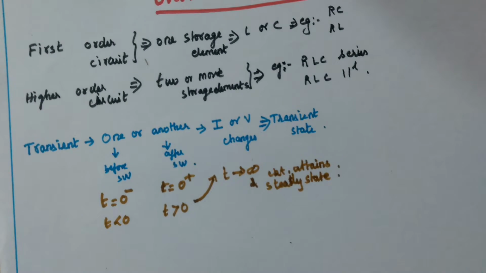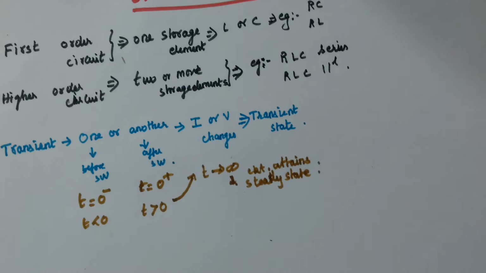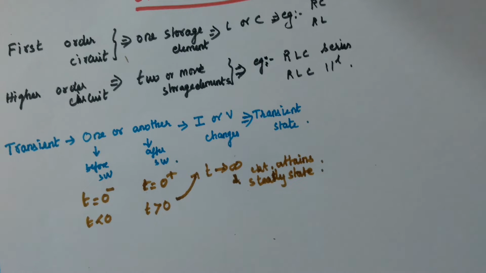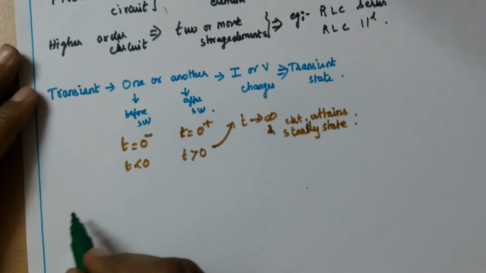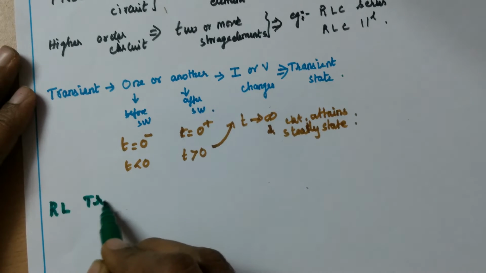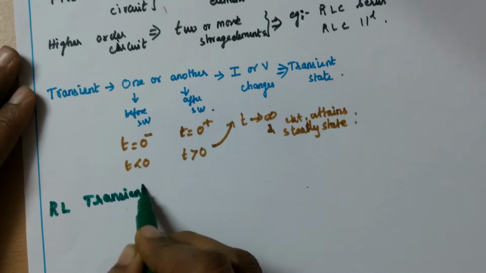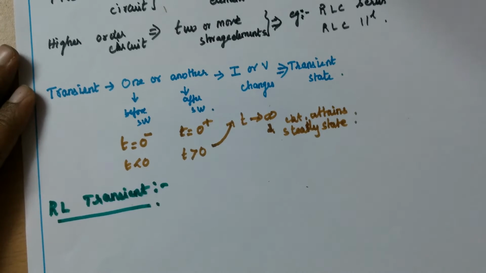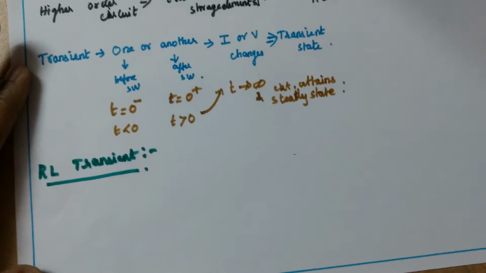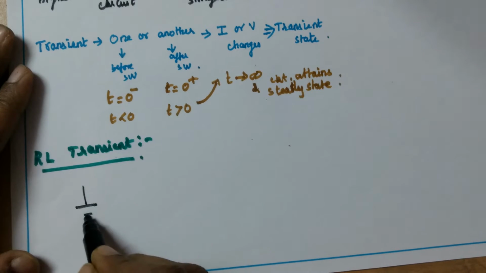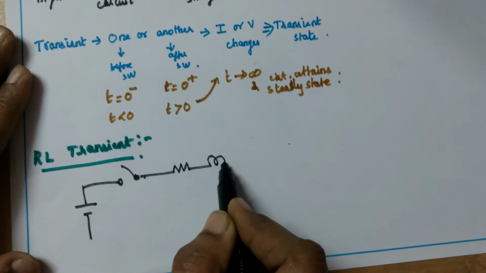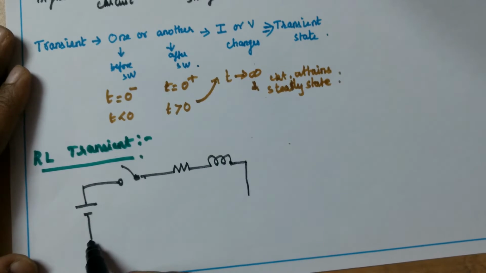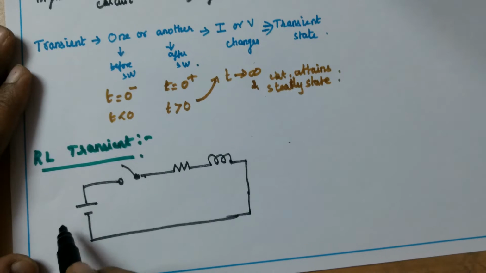So this we know. Let me discuss some basic equations for RL transient and RC transient. First one is the RL transient. This is the switching condition when a resistance and an inductance are connected in series with a DC voltage source.